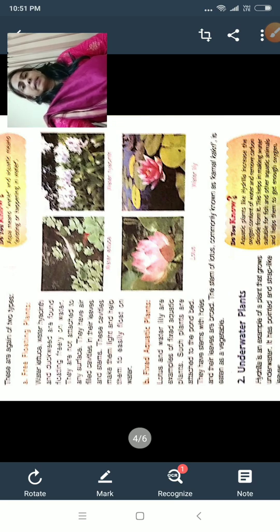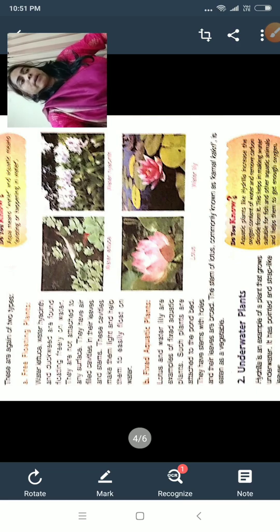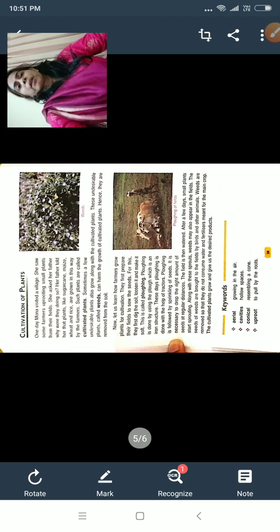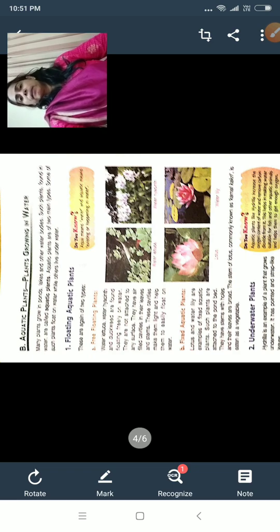The example is hydrilla. This is a very important plant. Hydrilla is an example of an underwater plant, and it has pointed and strap-like leaves. So these are the types of aquatic plants.